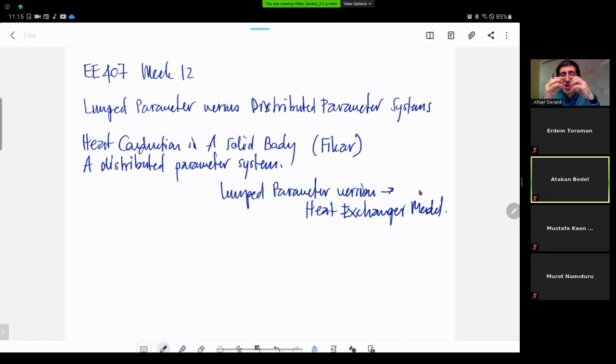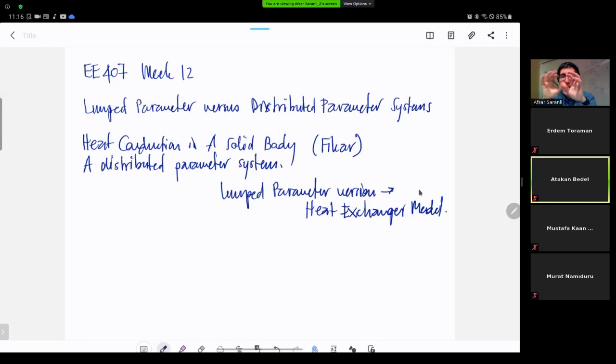Remember, in the heat exchanger model, we had distinct components, and we defined all equations as component equations and topological equations. That means we defined the interface between two components, and we studied how heat was being transferred from one to the other. If there was a temperature difference between the two components, at the interface you had heat conduction, heat flow, that was linearly related with the temperature difference between the two components.